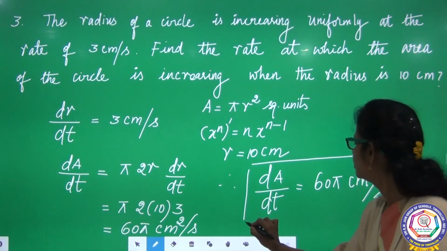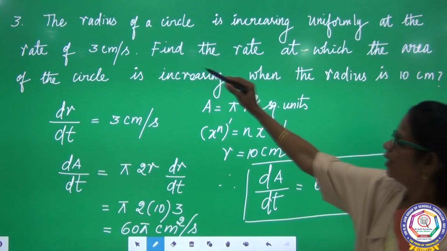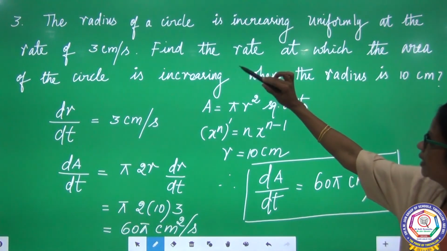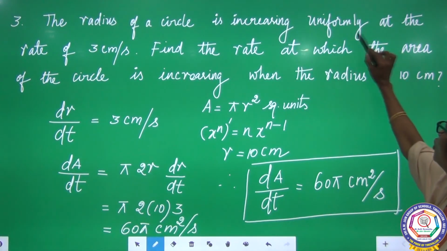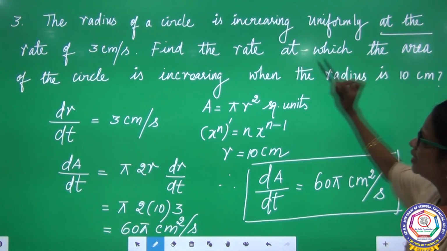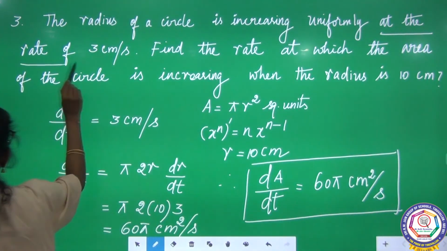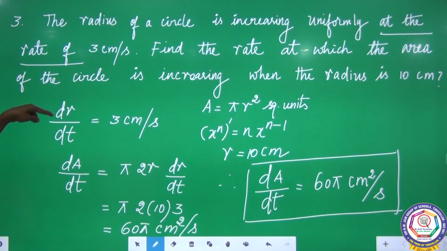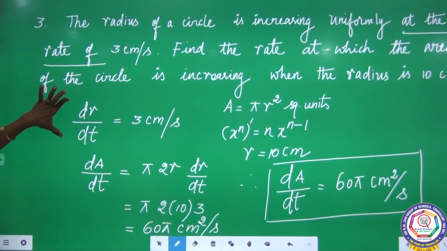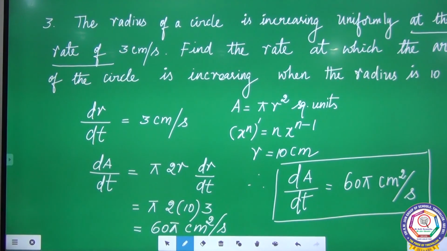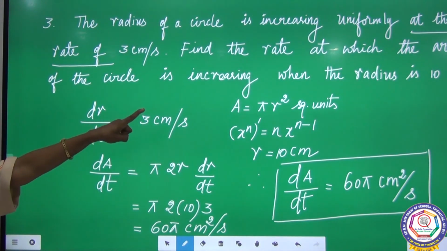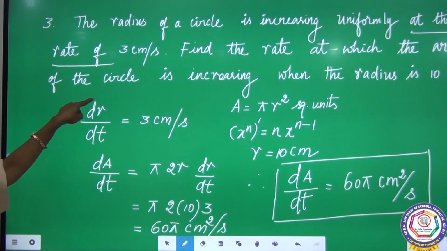Right? Again I repeat, the radius of a circle is increasing uniformly at the rate, so I wrote it as dr by dt. The whole statement I converted in the form of dr by dt. They are expecting the area of a circle, differentiate with respect to time.